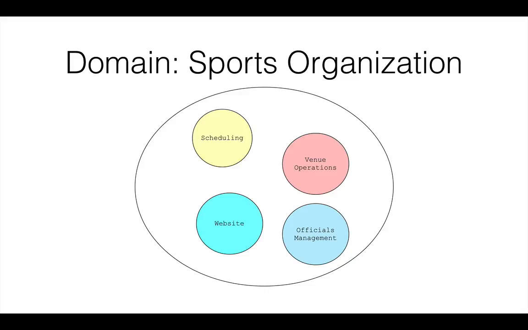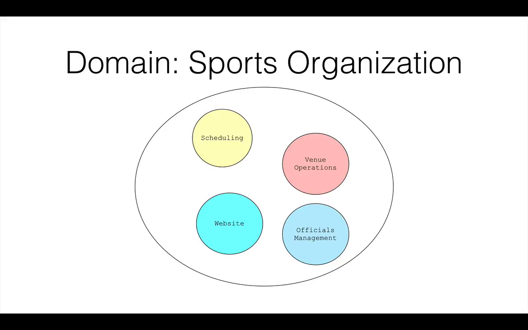So scheduling is an important subdomain. Website is another important subdomain. That's how an organization talks to its fans, and it's not just the website. It can also be web services that serve web applications or native mobile applications, and so on and so forth. So that's the front-facing part of the organization.